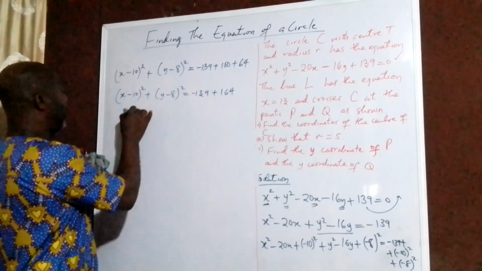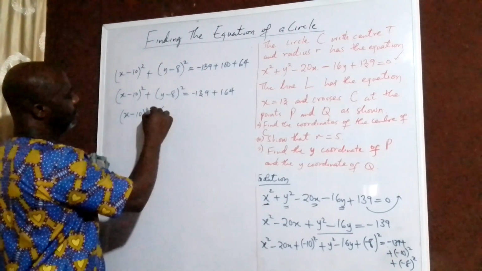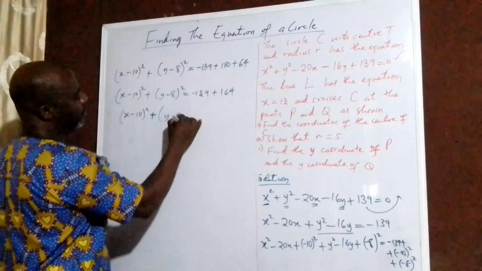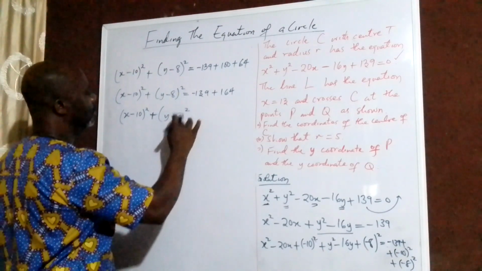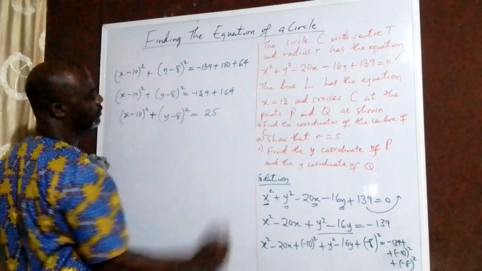So I have x minus 10 all squared plus y minus 8 all squared equal to 25.